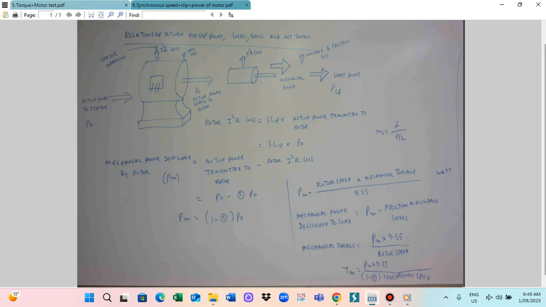We can also calculate the mechanical torque as Pm multiplied by 9.55, divided by the rotor speed.